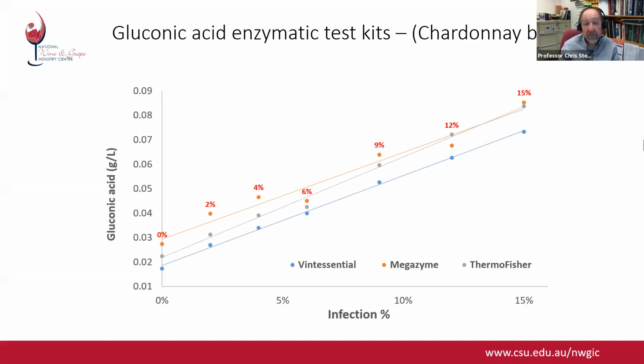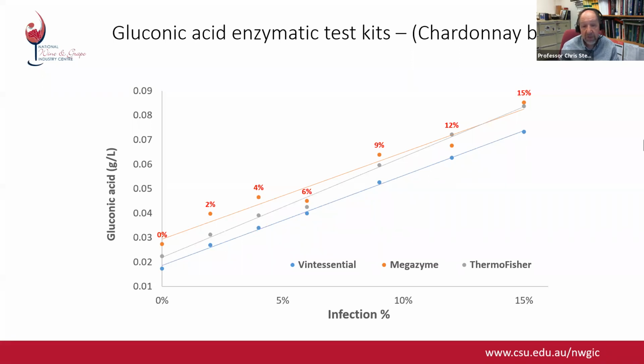In this slide, these are Chardonnay bunches, and again, these were laboratory inoculated, not field. They were mixed, so we had clean, healthy bunches that were then mixed with infected ones, and the weight determined, and from this we got a percentage infection. We looked at these 3 commercially available kits that are listed on this slide, and you can see the results are comparable.